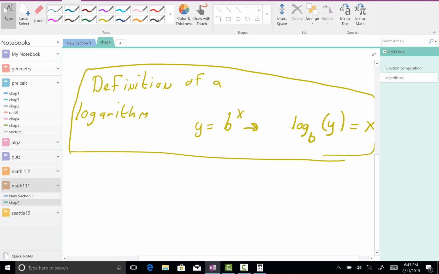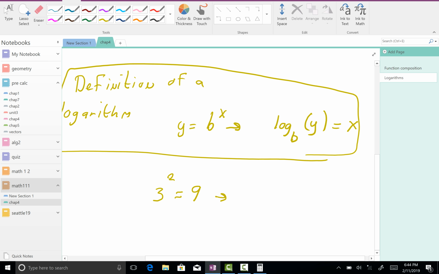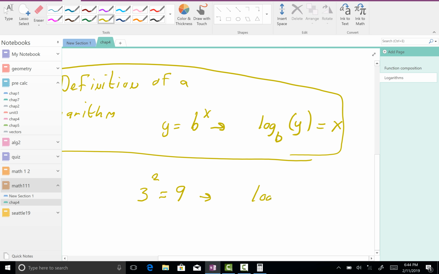All right, so let's take a look at an example. Let's say we have 3 to the second. Well, 3 to the second is 9, okay? So that means that the log base 3 of 9 is equal to 2. So here, this is your base.